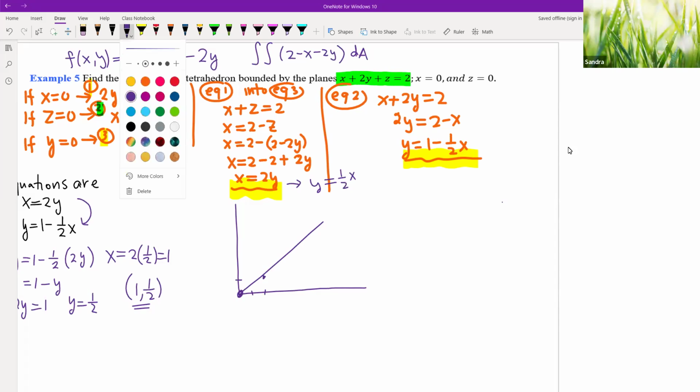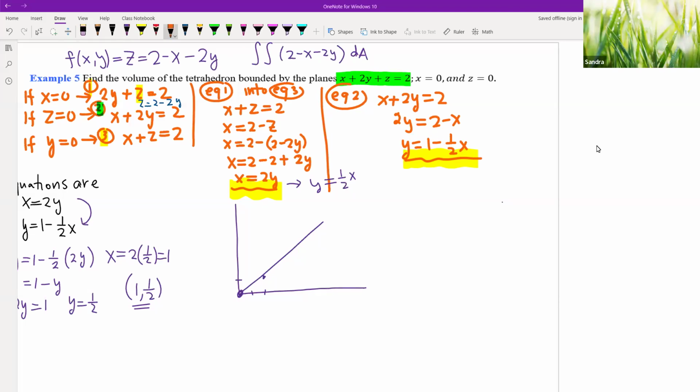Okay, let's go ahead and do the other line. For the other line, we know that it intersects at 1, and then it's minus 1, then to the right 2. So it's over here.